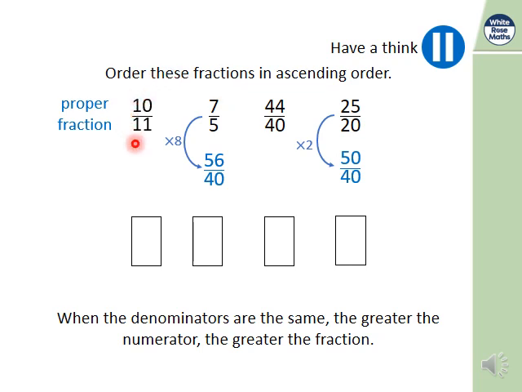So if this is a proper fraction, this means it is our smallest fraction. So 10/11ths is our smallest in our ascending order. And here would be our order for all of them. Have a look and see if you managed to do that. Well done if you did.